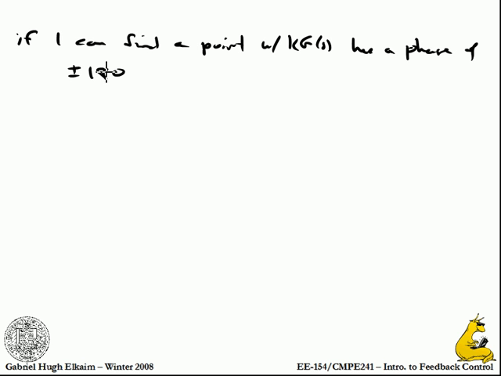If I can find a point where KG of S has a phase of plus or minus 180, the other way of saying that is that the angle of M e to the j theta is equal to 180, then K is equal to 1 over M.